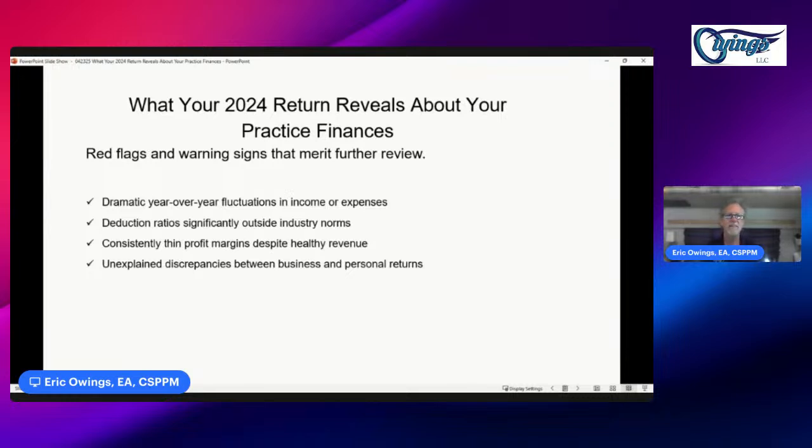But it's a thing to watch for. And deduction ratios significantly outside industry norms. It's easy enough to look this stuff up, by the way. So one thing perhaps you want to take a look at certainly is your staffing, and make sure, and we've talked about this in past weekly profit talks as well.